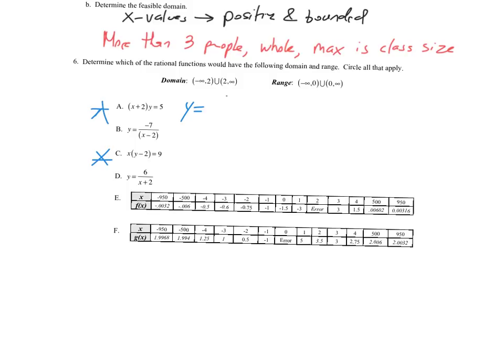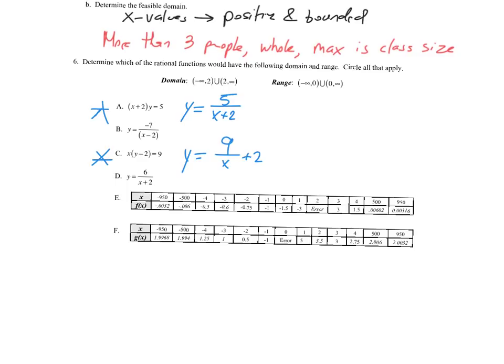Y equals 5 over x plus 2. And here we have y equals, after we convert everything, 9 over x plus 2. So which one of these will have a domain that does not include 2 and a range that does not include 0?